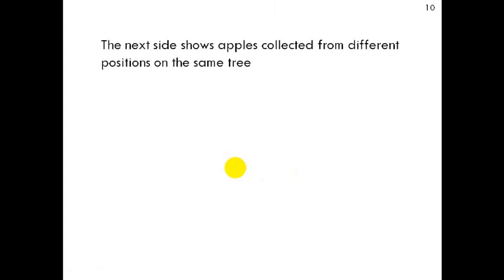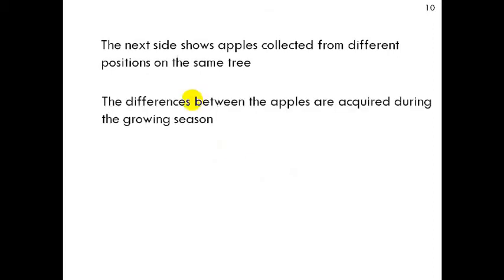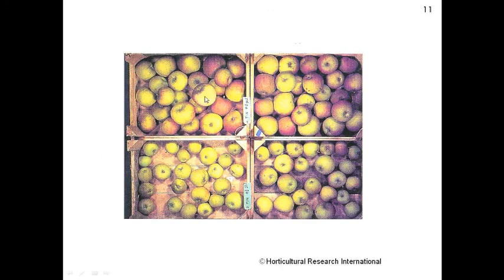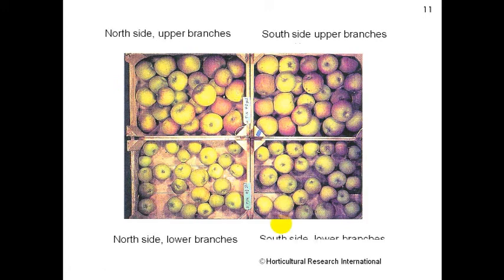Okay, the next slide will show apples collected from different positions of the same tree. Okay, you have to take note of the differences between the apples. They are acquired during the growing season. Okay, the differences will not be inherited. So these apples are collected from one similar tree. However, their growing conditions are different.